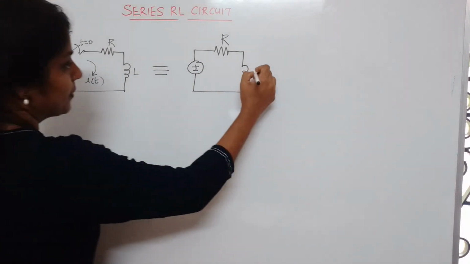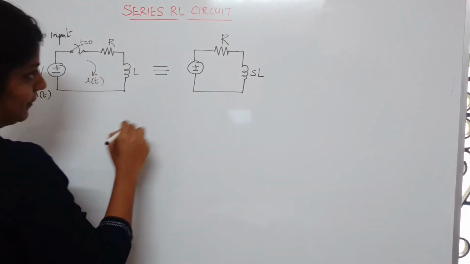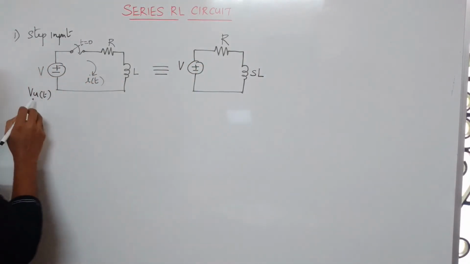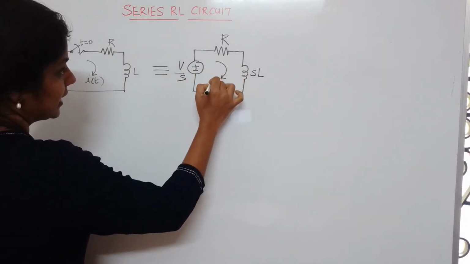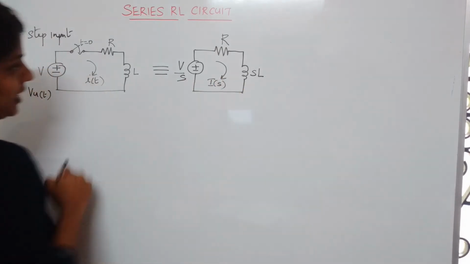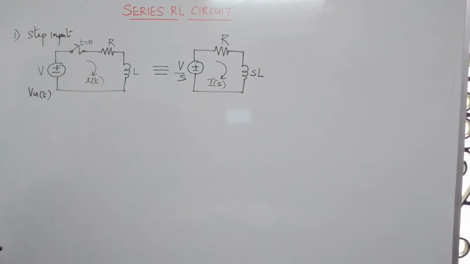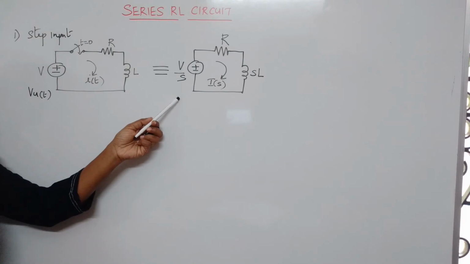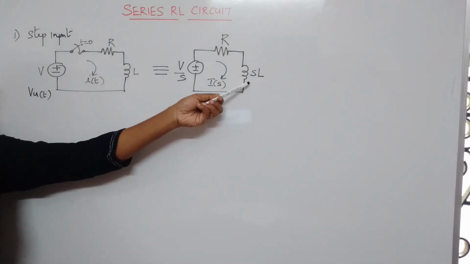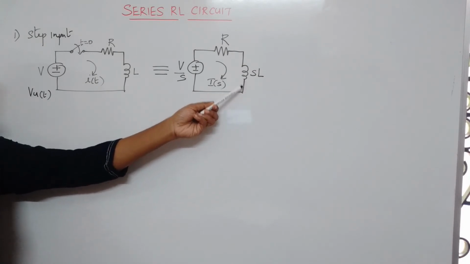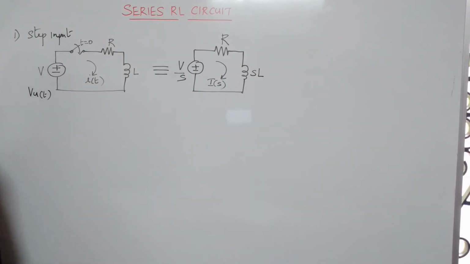So L can be represented by S into L. And this V into u of t can be written as V by S. And the current flowing through it is I of S. So this is the S domain representation of the circuit. Now if there was an initial condition, then this should be represented by SL in series with a voltage source. Here let's assume that there are no initial conditions, so you can represent it simply by SL.